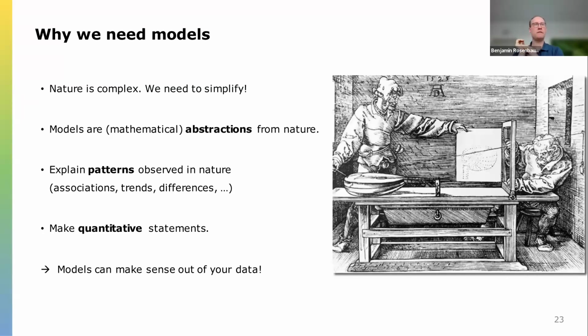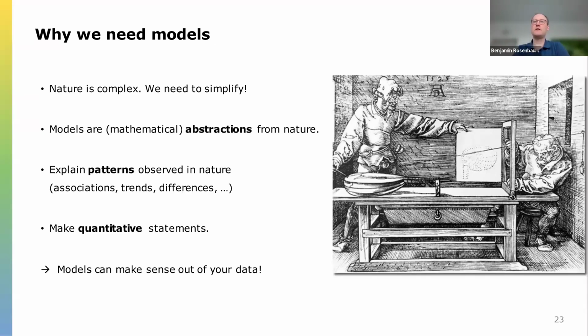And we want to do something similar, right? We want to model, for instance, patterns we observe in nature, for instance, trends or differences. But we not only want to model them, we don't want to just draw this association or this trend. In science, it's needed that we make quantitative statements about them.